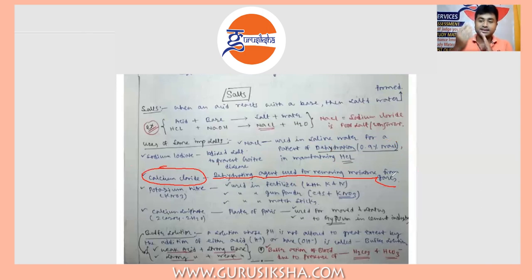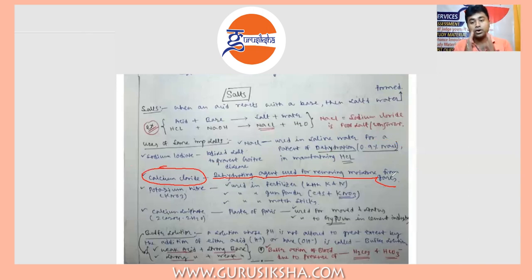Due to the presence or absence of gases, our skin is moist or dry. So calcium chloride is used as a dehydrating agent, basically in our body, and not only our body but also in any kind of animal body.